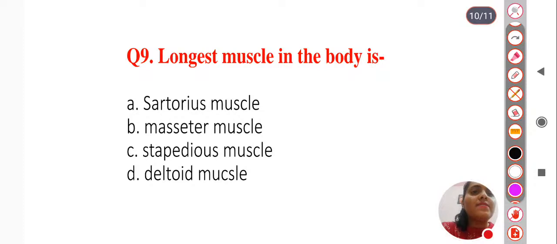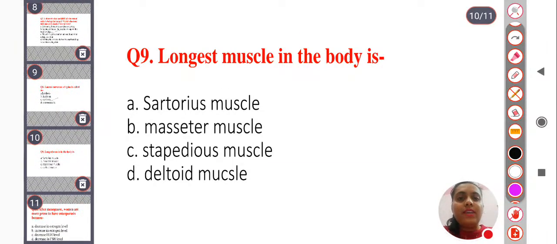I think you all have studied the musculoskeletal system very well. So you know the answer: sartorius muscle is the longest muscle. What about masseter muscle? It is the strongest muscle for mastication. And stapedius muscle is the shortest muscle. Right?